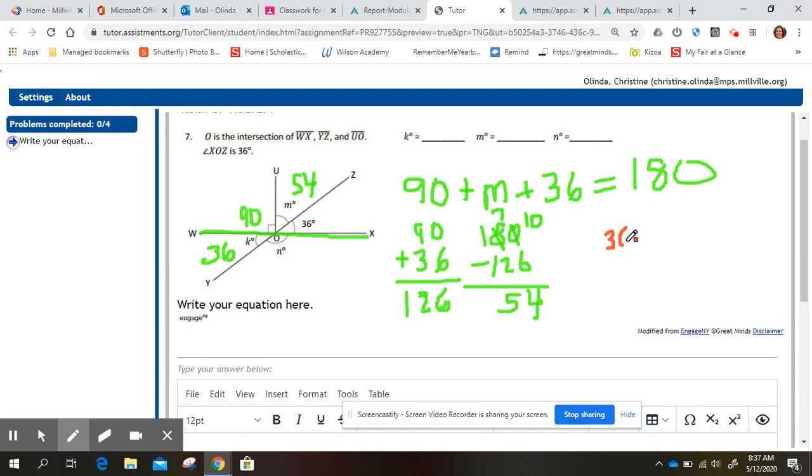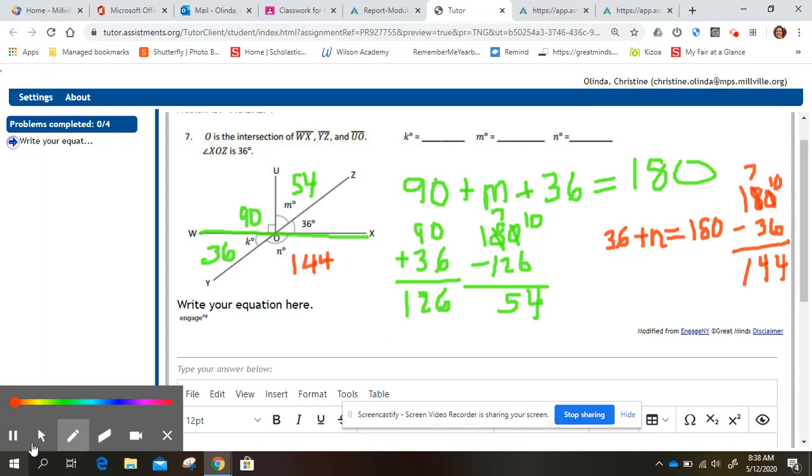So I could subtract 36 from 180. Can't take 6 from 0, so I'll need to regroup. 10 take away 6 is 4. 7 take away 3 is 4, and I bring down that 1. And so this angle has to be 144 degrees.